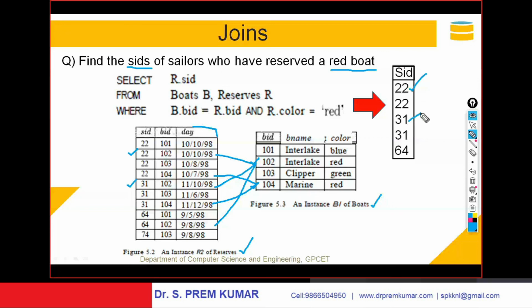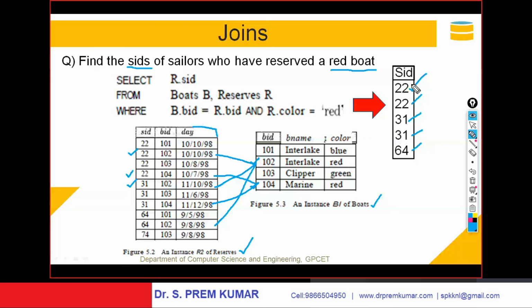Here you got 64. Here you got 22. 104 with 22, so you got 22. 104 with 31, you got 31.